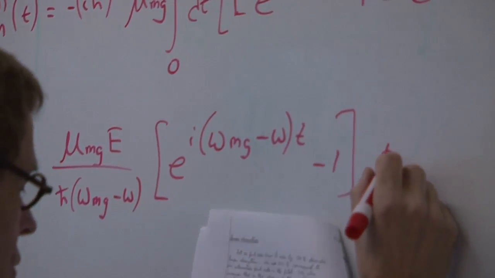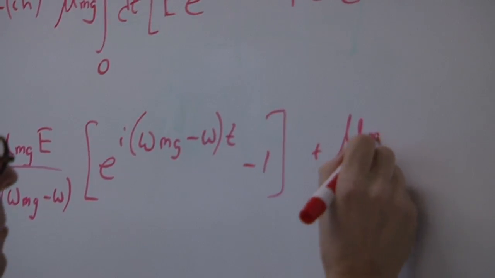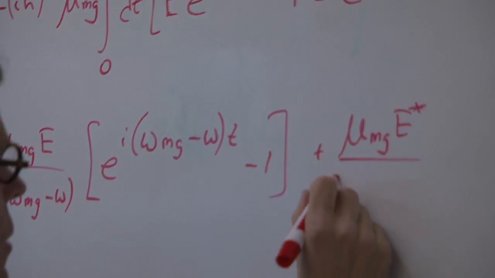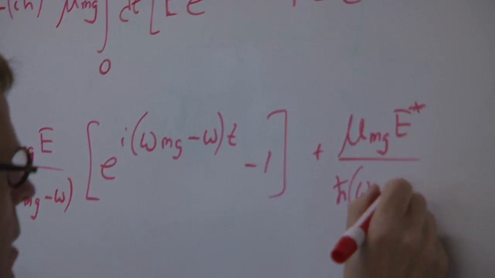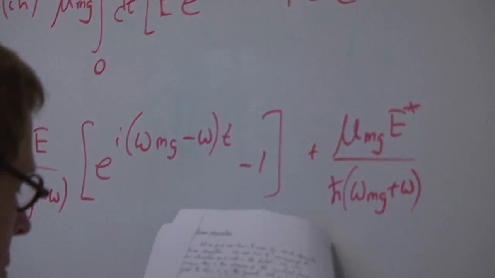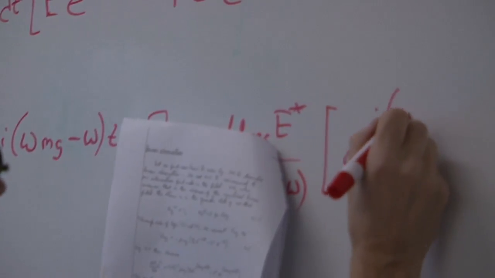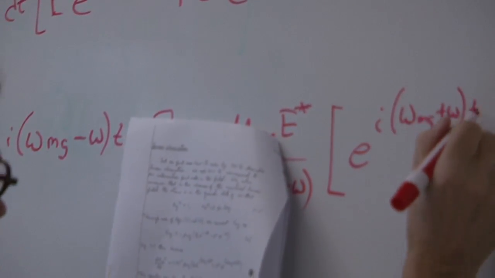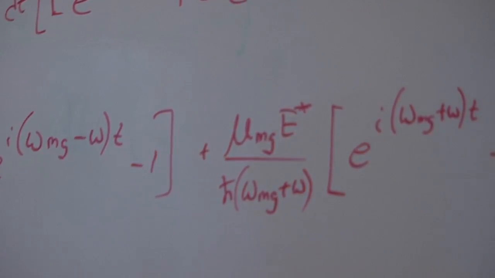And the second term is mu_mg e star over h bar (omega_mg plus omega) times e to the i (omega_mg plus omega) t minus 1.